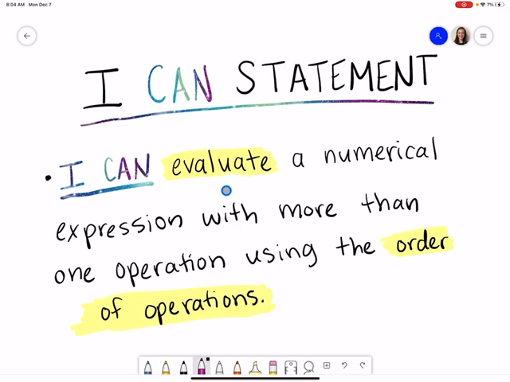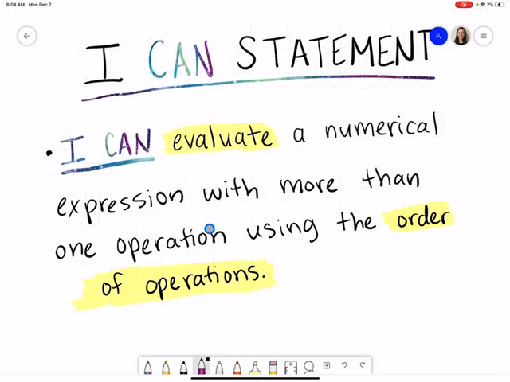So we want to find a value for those with more than one operation, more than one symbol. We could have multiplying and subtracting, dividing and adding, multiplying and dividing, or adding and subtracting.